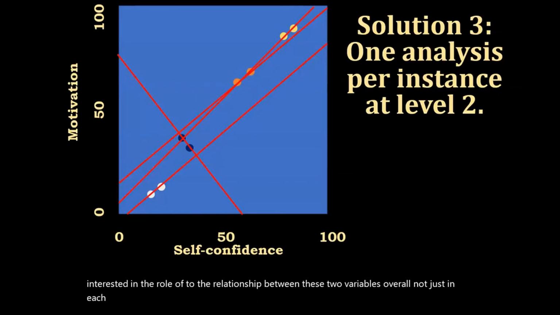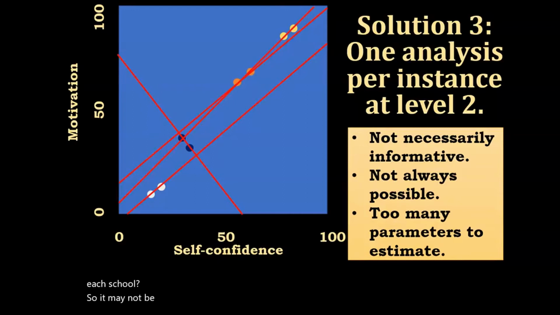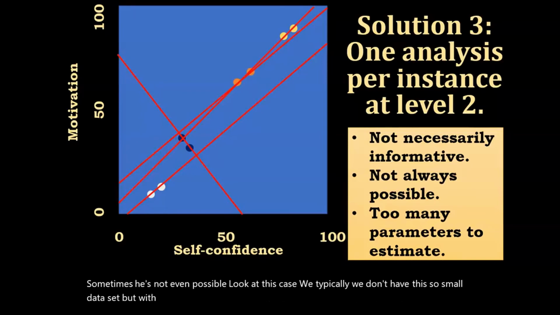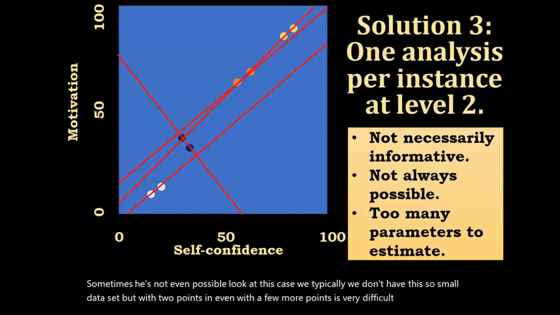So it may not be informative. Sometimes it's not even possible. Look at this case. We typically don't have such a small data set, but even with a few more points, it's very difficult to have a reliable model. So that is a problem.